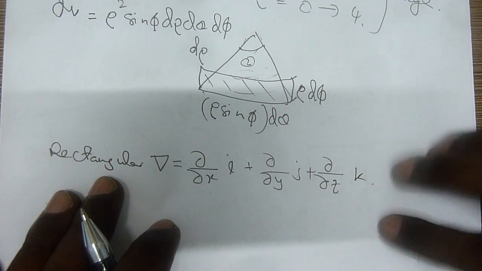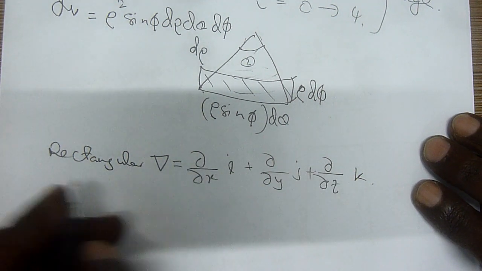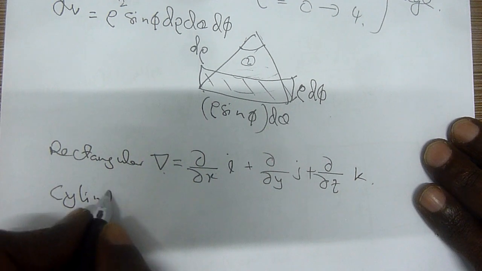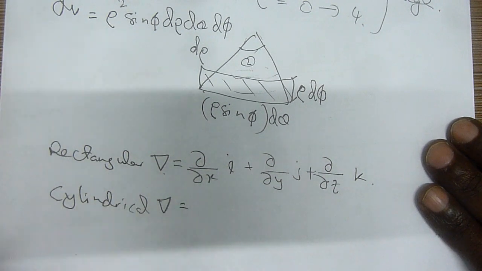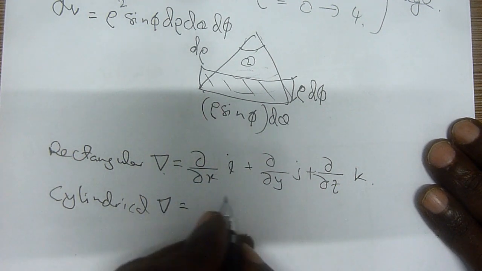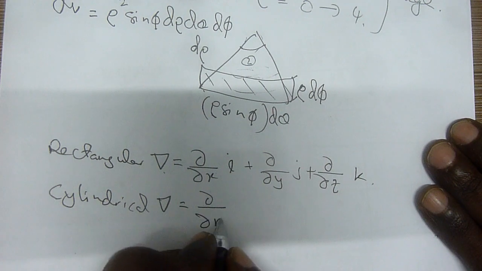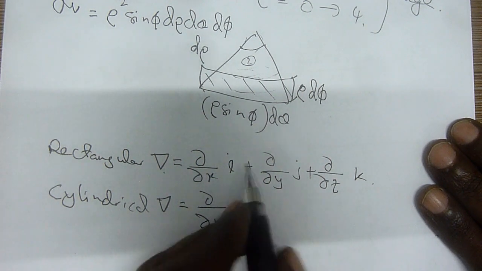Although you never learned it, there are other dels also. There is a cylindrical del, which refers to something called dr, r as a unit, because we need to change.